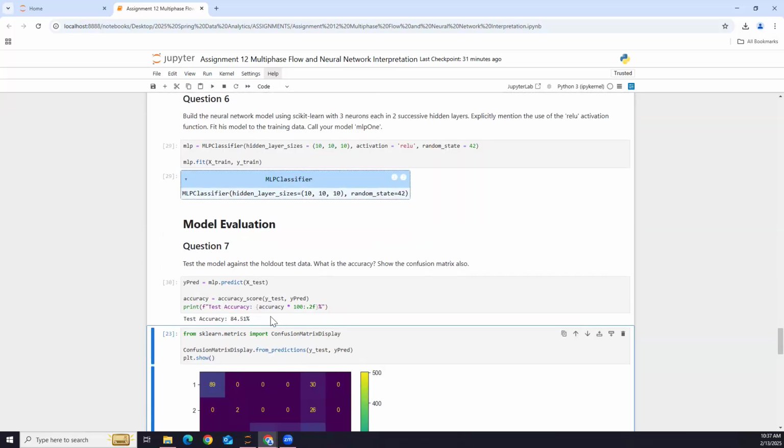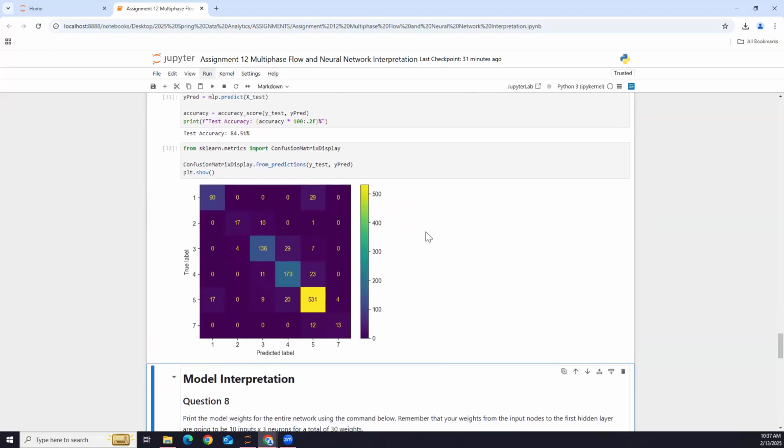And I'm going to get a slightly better accuracy, and you can see that the accuracy went up to 85%, and my confusion matrix looks slightly different with a predominantly diagonal set of terms and less weight on the off diagonal terms. It's not perfect, but it's definitely an improvement over what we did previously.